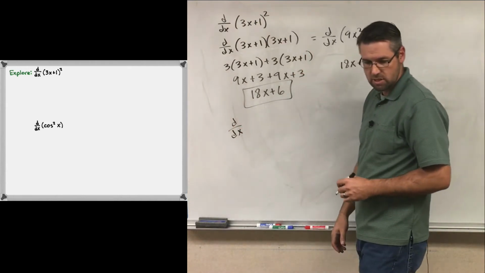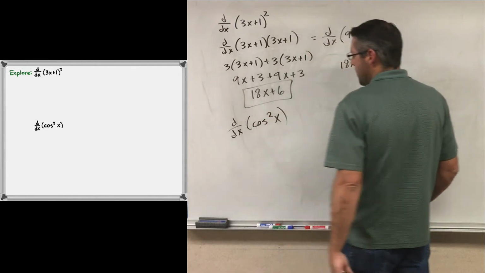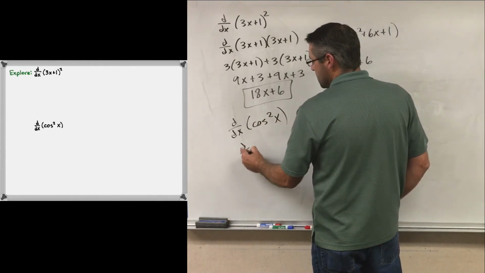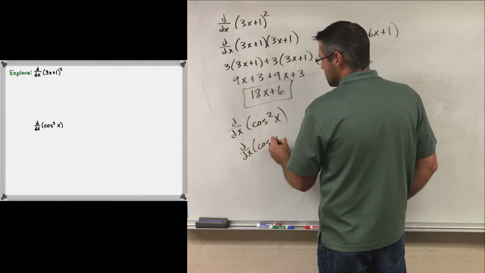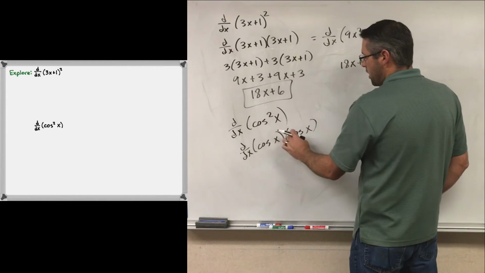It's very similar to that previous one. We have cosine squared x. Now we're going to have to expand this to say cosine of x times cosine of x. And then we'll use the product rule again.